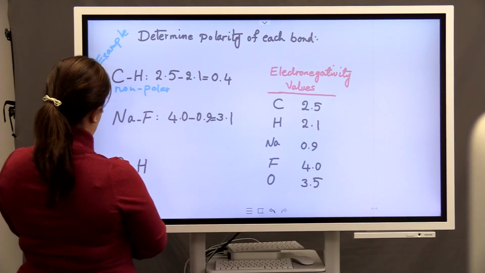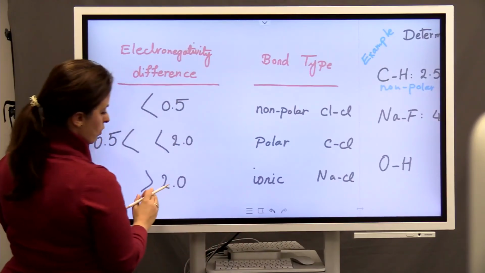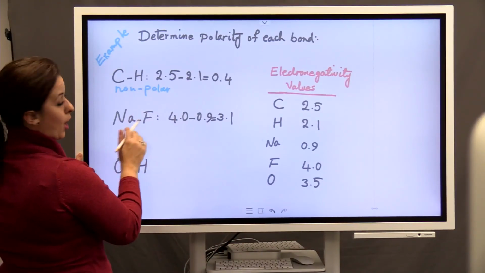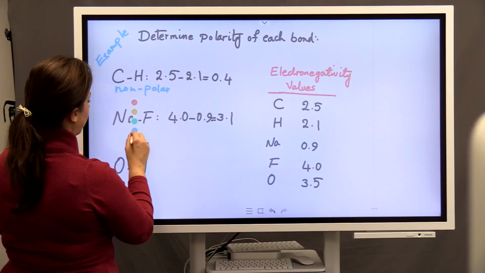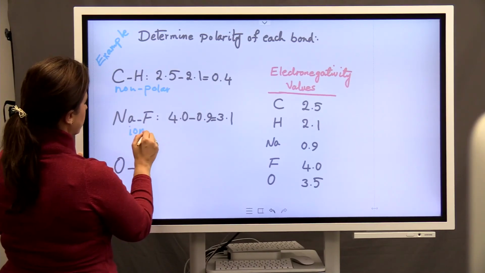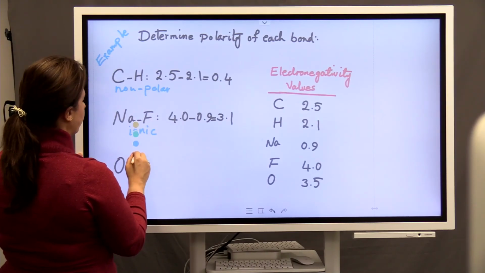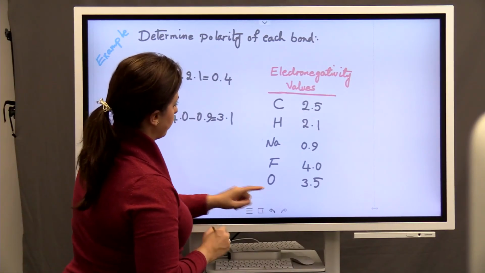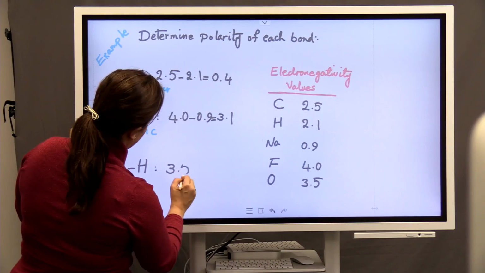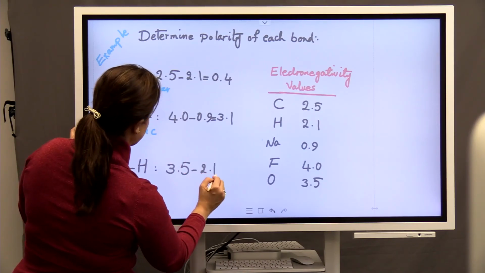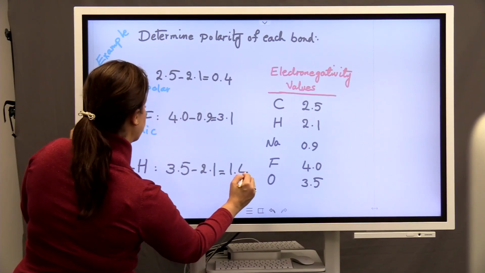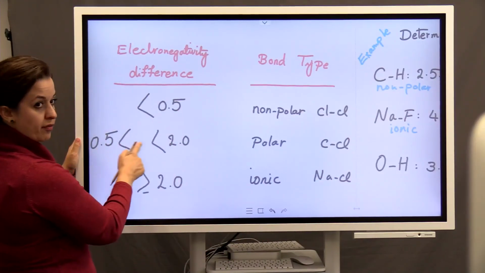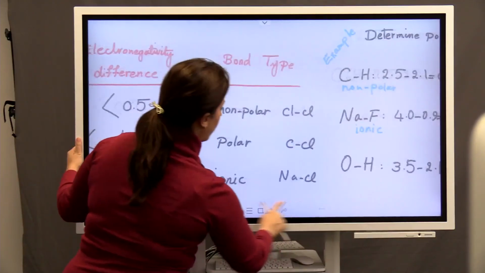It's more than 2, and as we expect, because this is a bond between a metal and non-metal, we call it an ionic bond. It's not covalent anymore. And finally, let's find the difference between O and H. Oxygen 3.5 minus 2.1 is 1.4. Under which category do we put it? Between 0.5 and 2, which shows a polar bond.